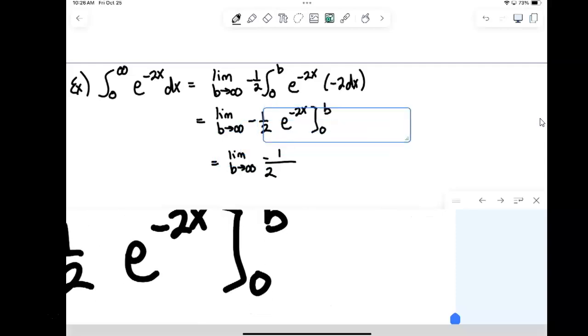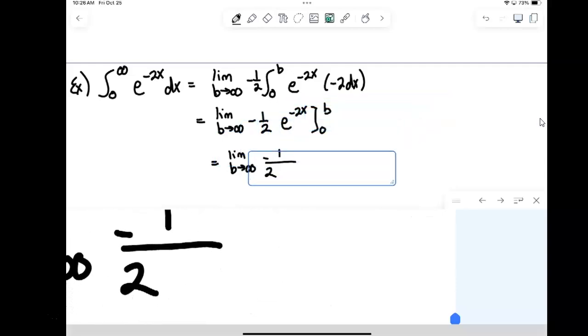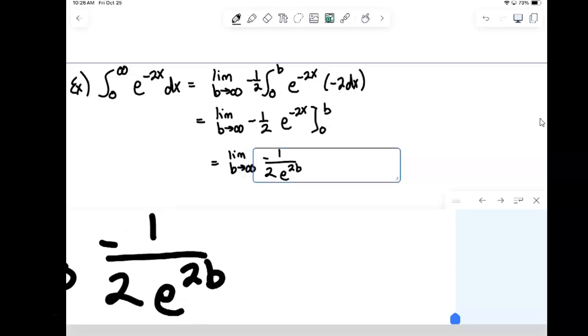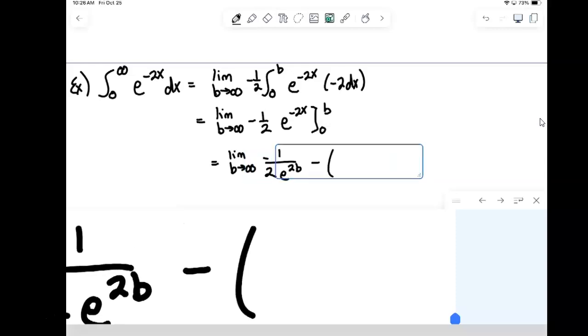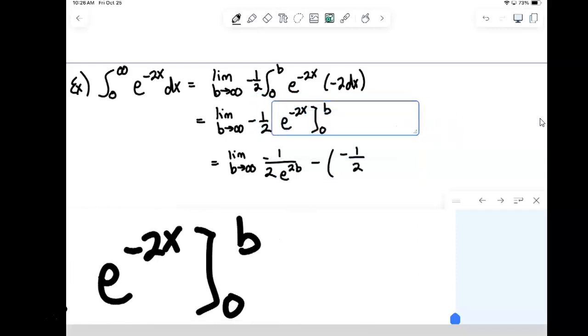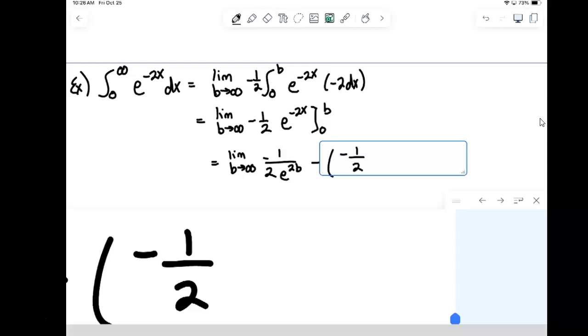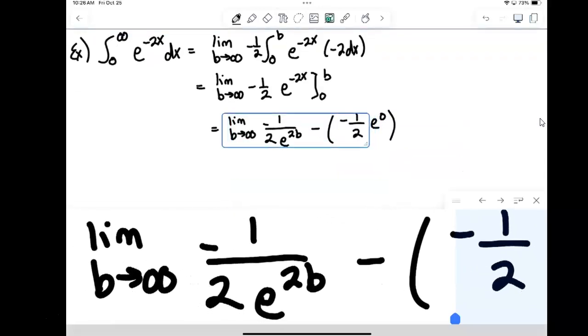And then that's going to be e to the negative 2b, which means it needs to go to the bottom and become negative 1 over 2 e to the 2b, okay. And then minus negative 1/2, right? And then we're plugging in 0, e to the 0.